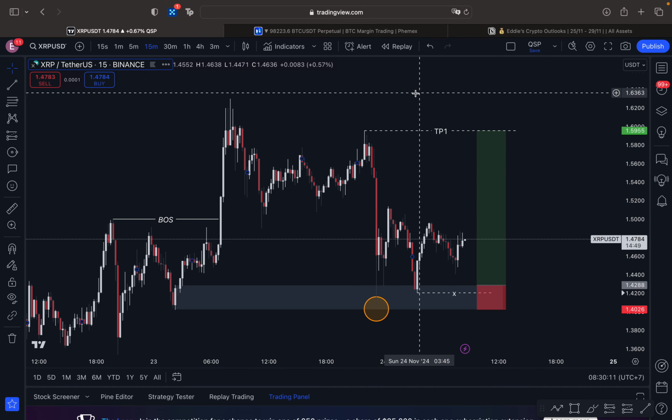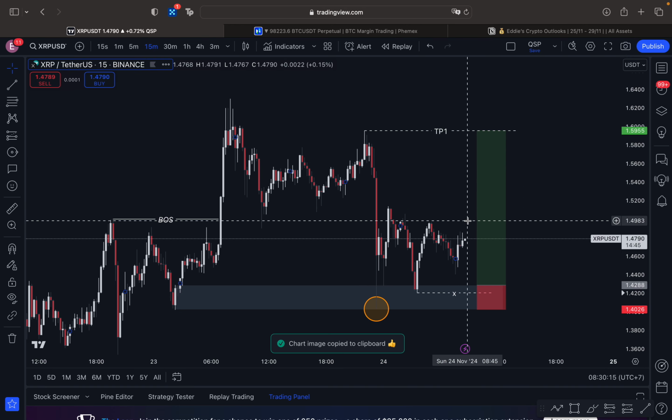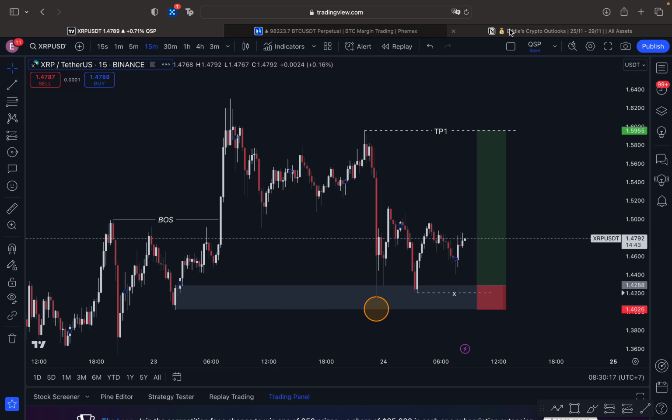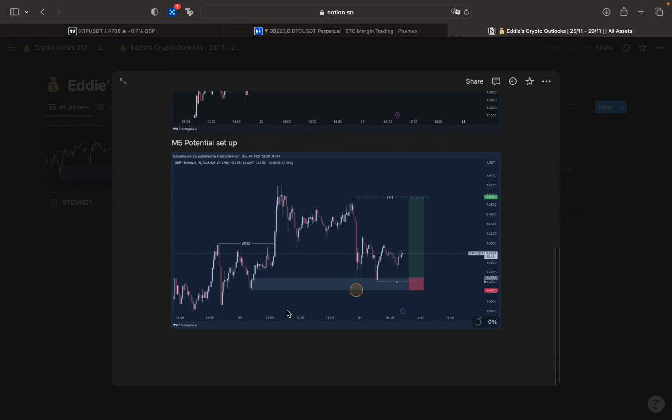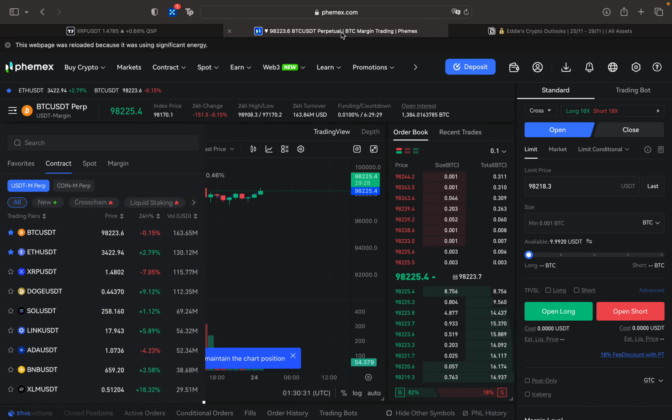I don't really care, because if this does break, it's just going to keep flying. But we want to be conservative with everything we do. And then the M5 potential setup. Okay, that's 3 out of maybe 200.